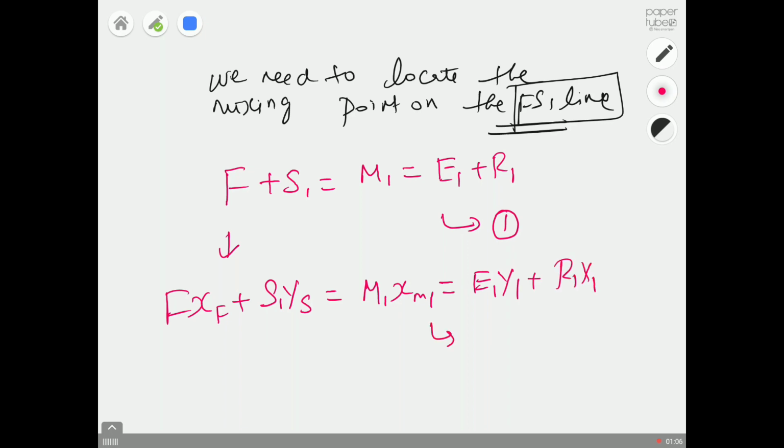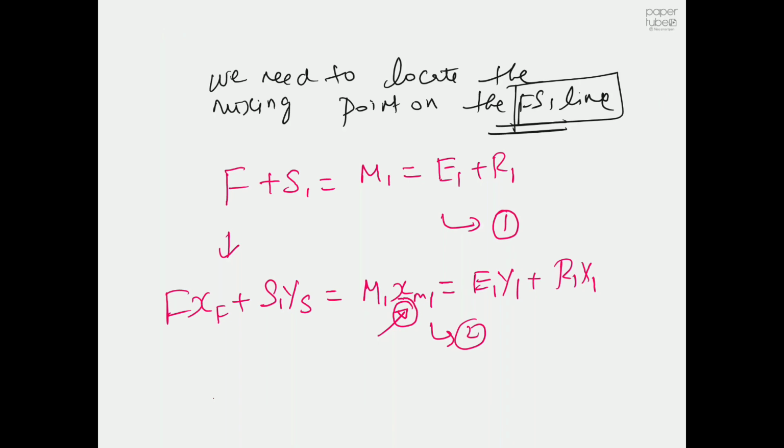So we have these two expressions. From this one we can calculate xM1, and if we have xM1, then we can easily locate the mixing point. I will show you how to do that.